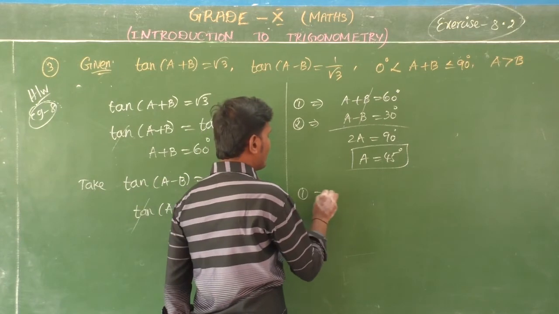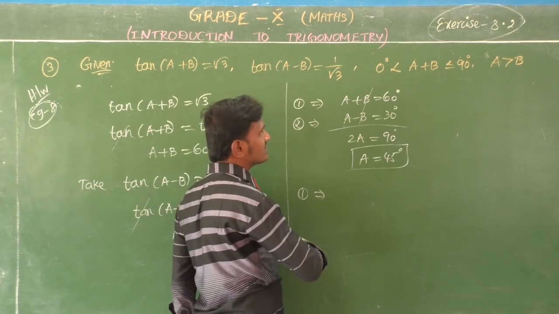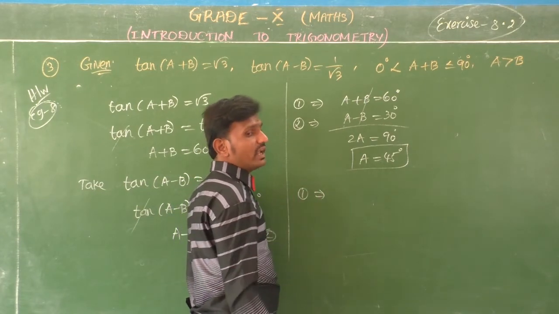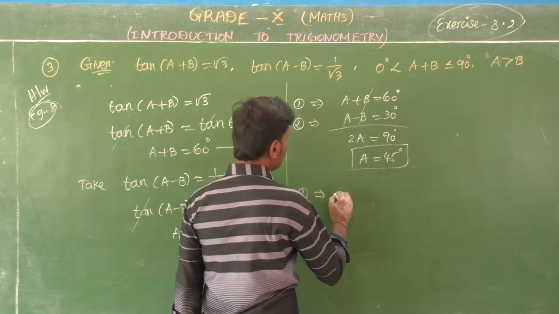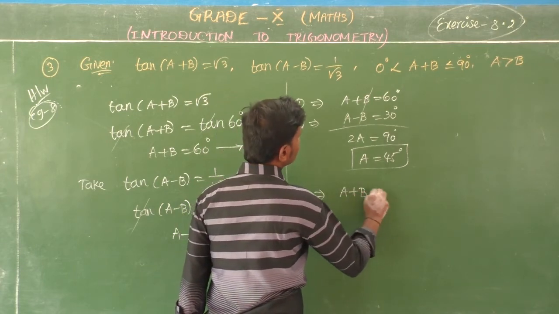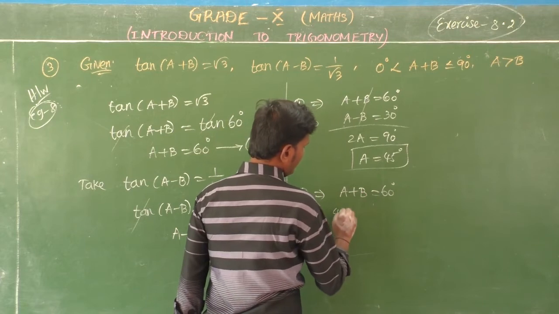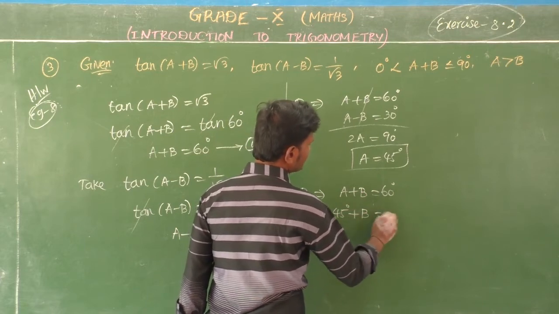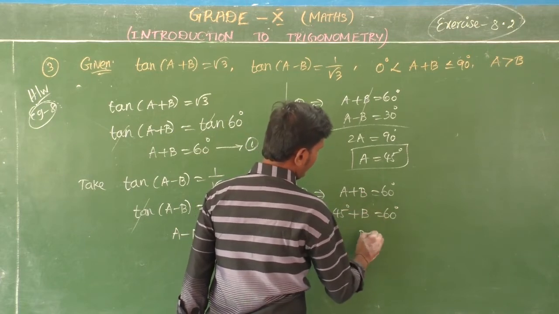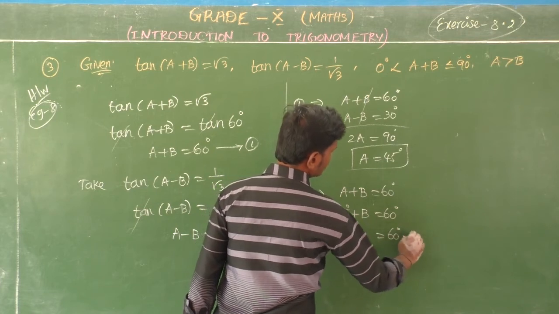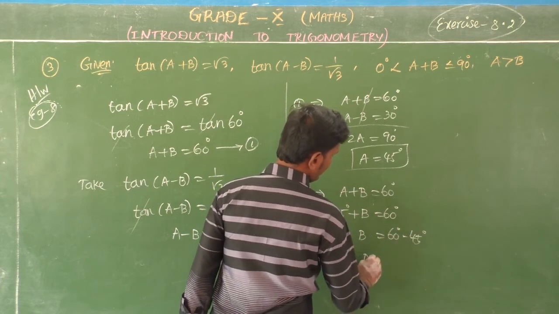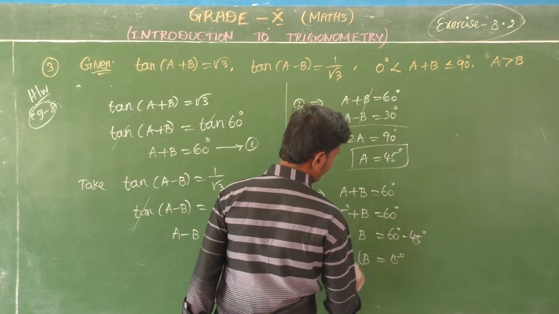Now you have the value of A, then substitute in equation number 1 to get the value of B. A plus B equal to 60, then 45 degrees plus B equal to 60, then angle B equals 60 minus 45, the value of B equal to 15 degrees.